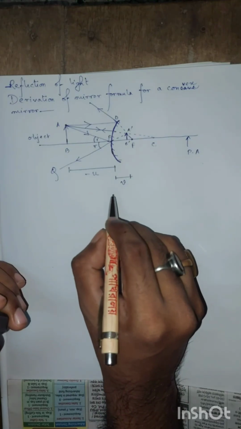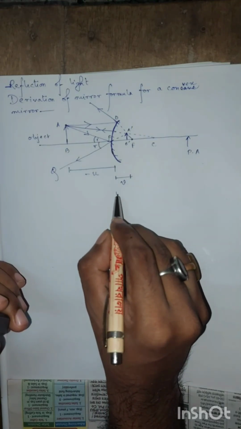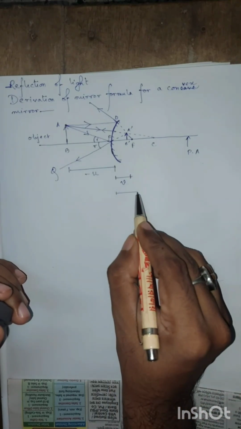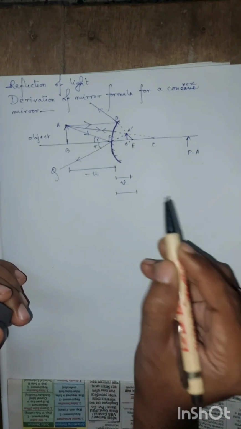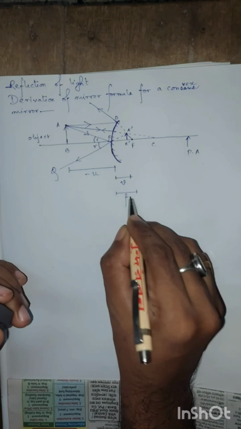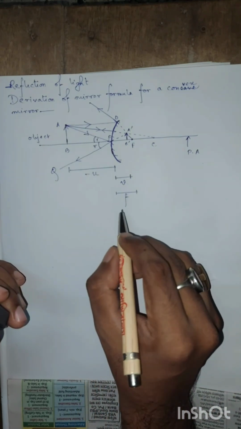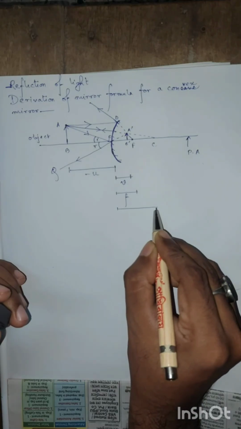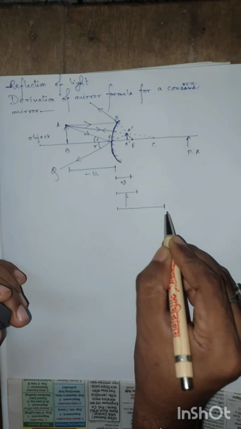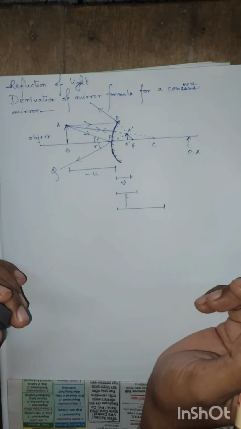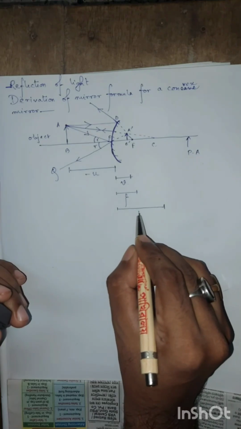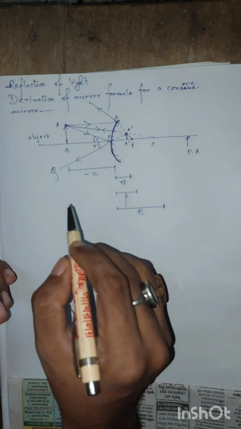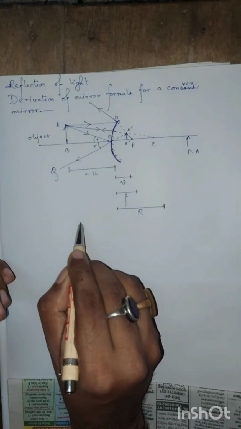And the focal length is measured in the direction of incident light, so this is plus f, and the radius of curvature, again measured in the direction of incident light, is plus r. This is our direction of incident light.